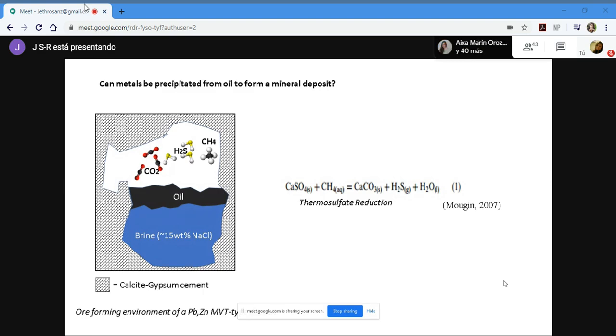And what happens is that the crude oil becomes oxidized by the sulfate-rich brine, and you form calcium carbonate, you form water, and you form hydrogen sulfide gas. Oil companies hate this reaction because it destroys their oil, but for people who are interested in mineral deposits, this is a very important reaction.